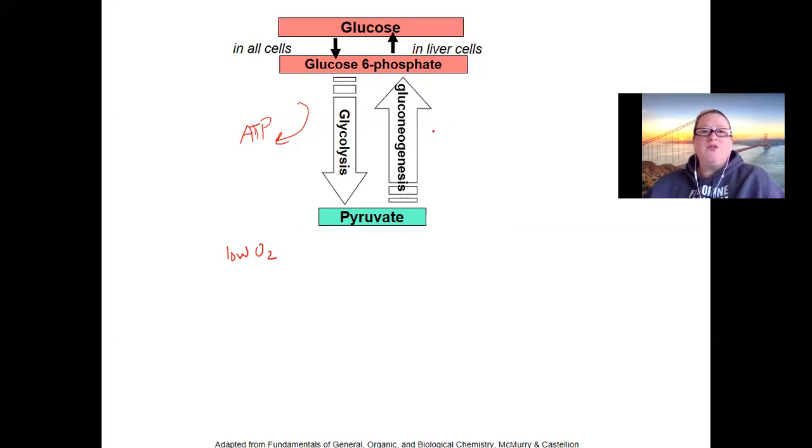This is called gluconeogenesis. Neo is new. Genesis is to create. Think of biblical references: Genesis is the first chapter in the Bible, and it talks about the creation of life. So glucose, sugar, the creation of new sugar. Pyruvate can be turned back into glucose.